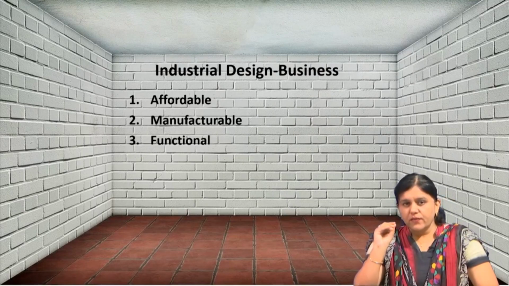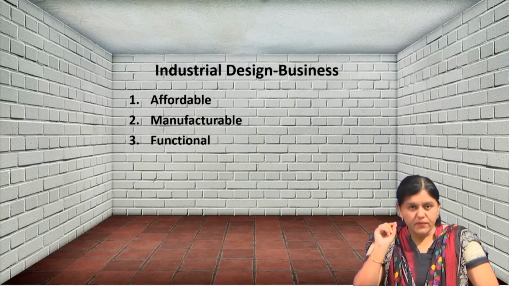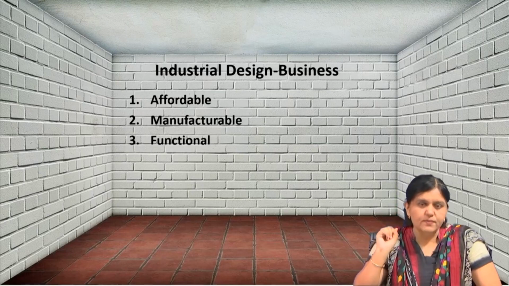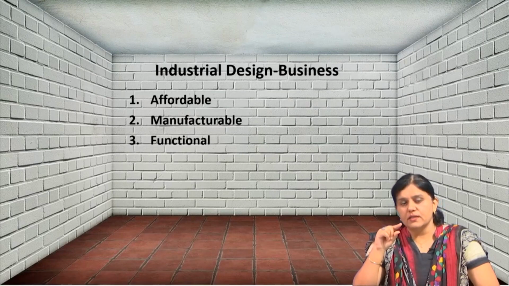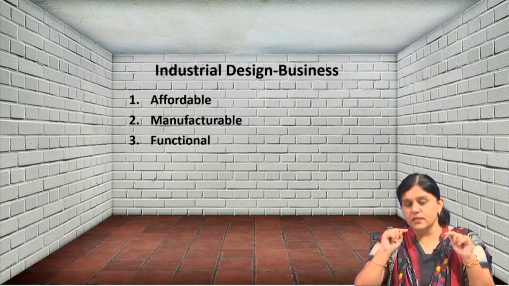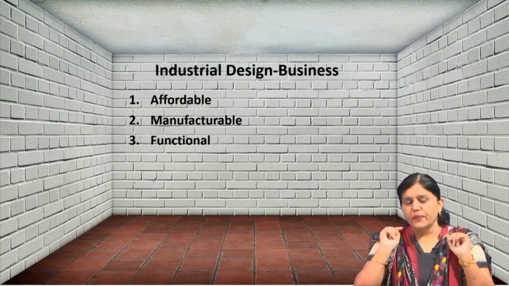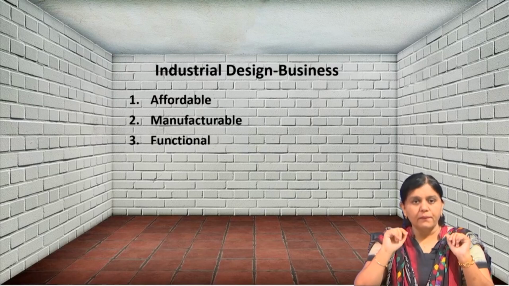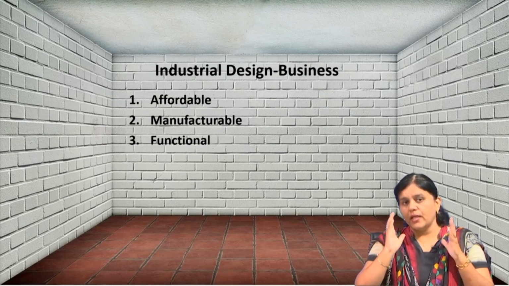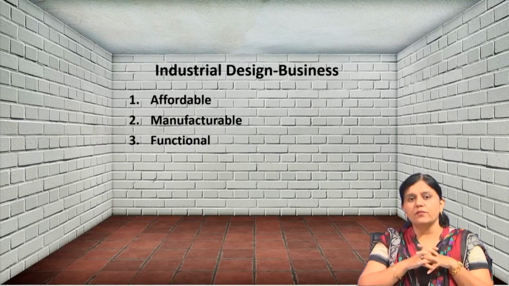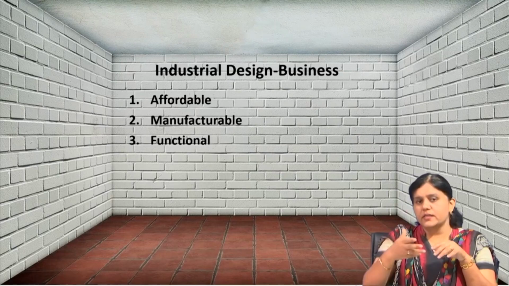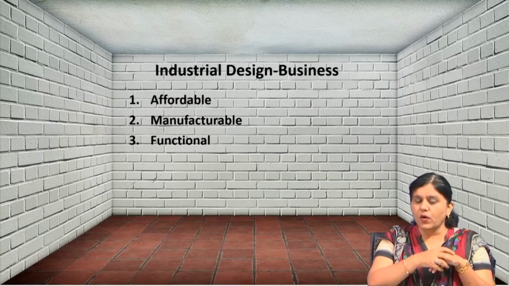Now, you have seen different products of Crompton Greaves. I am giving the example of Crompton Greaves because they are number one in industrial design in India, and they have received a prize from IP India in that sector. They have a separate design team working on the industrial design of their products.